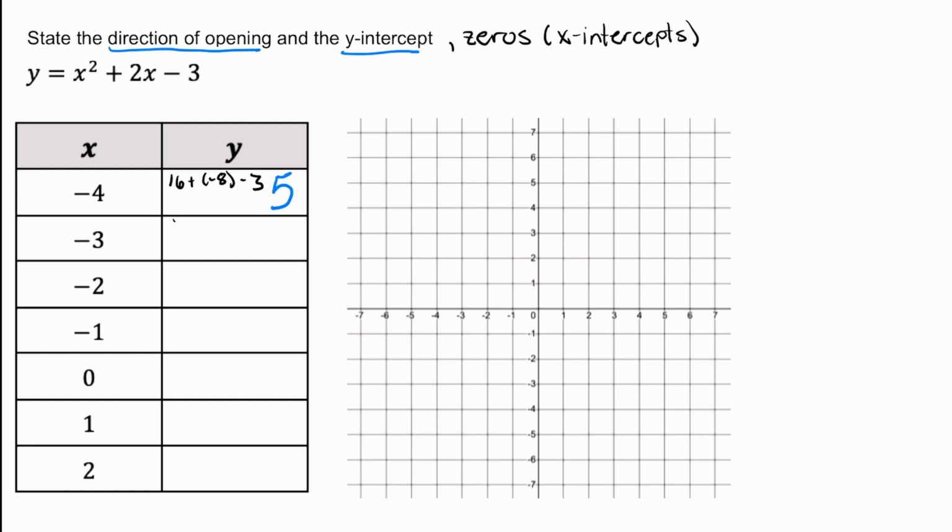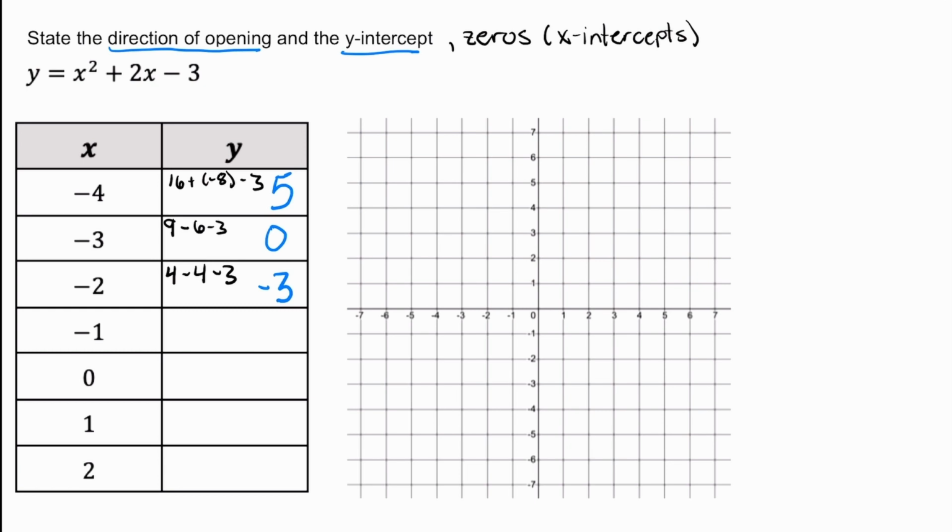Negative 3 squared is 9. 2 times negative 3 is negative 6 minus 3. So the value of that is 0. Subbing negative 2 into our equation, negative 2 squared is 4. Negative 2 times 2 is minus 4. And then minus 3. So that is going to be negative 3.